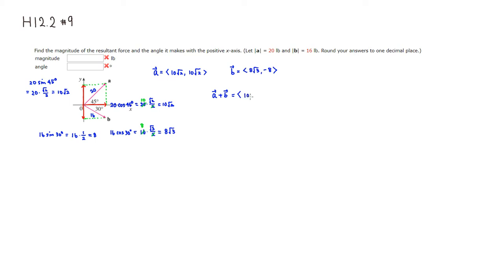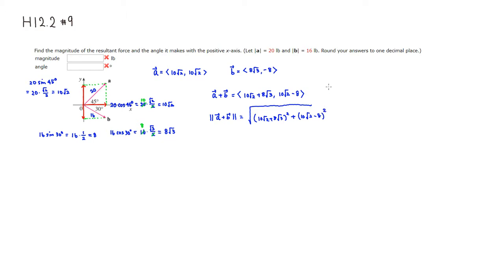So you have 10 square root of 2 plus 8 square root of 3, and then 10 square root of 2 plus negative 8. Let's find the magnitude of vector A plus vector B. It's going to be the square root of the squares of these components: 10 square root of 2 plus 8 square root of 3, squared, plus 10 square root of 2 minus 8, squared.